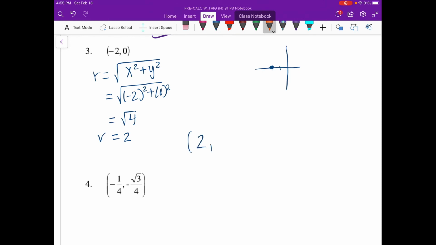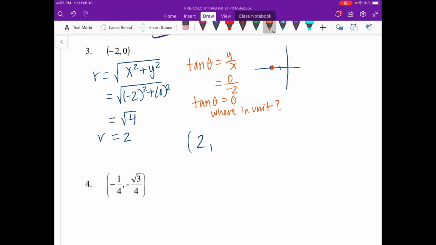So r is 2. And then to find my theta, I'm going to use tangent, y over x, 0 over -2, which is 0. So where in the unit circle does this happen? Where is tangent going to be 0?